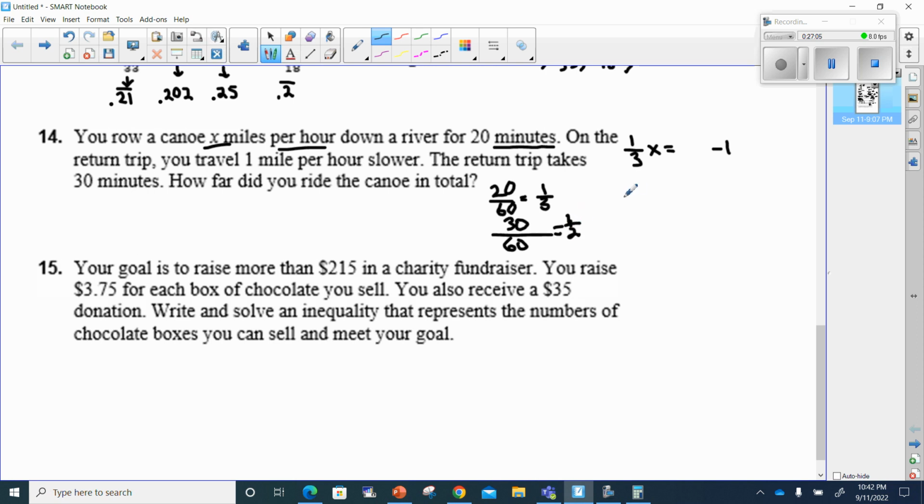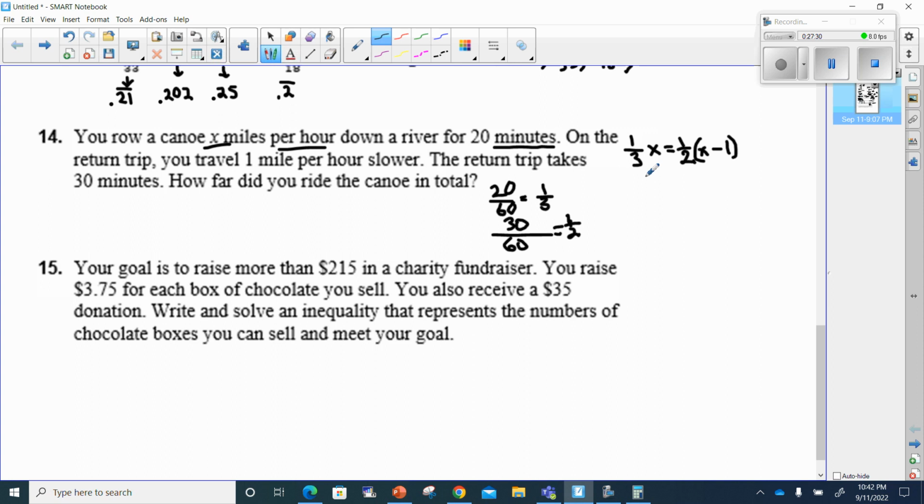If you wrote that as a decimal, it would be 0.50. You wouldn't want to try 1/3 as a decimal, you'd get 0.3 repeating. So now you get 1/2, and you're going to have to multiply that by x minus 1, because that's the miles per hour minus 1 mile per hour slower. So this would be our equation.